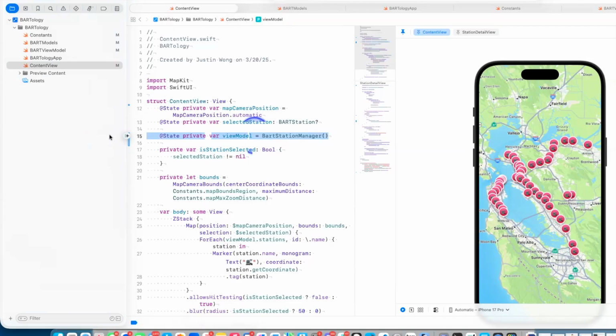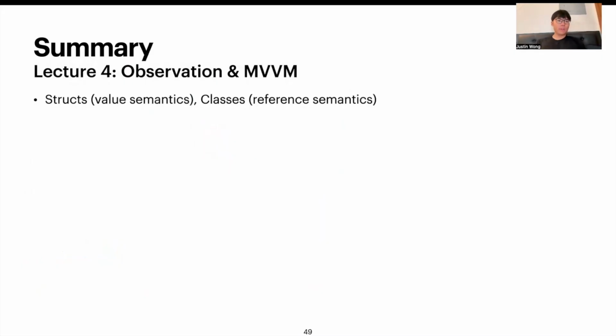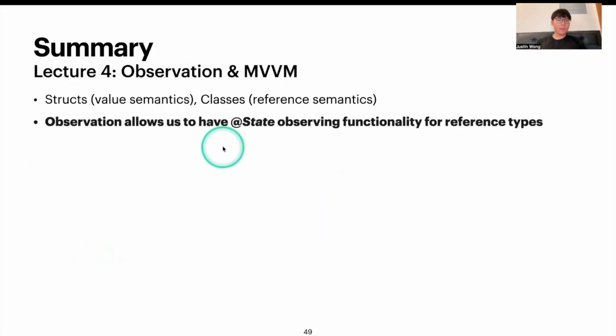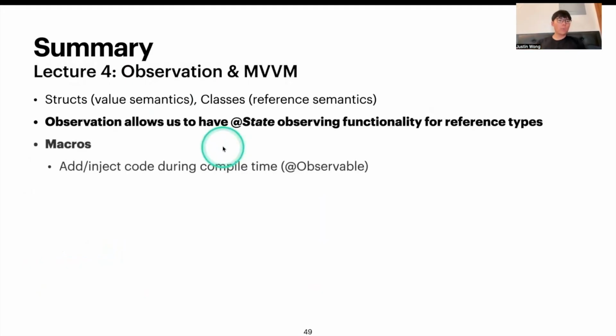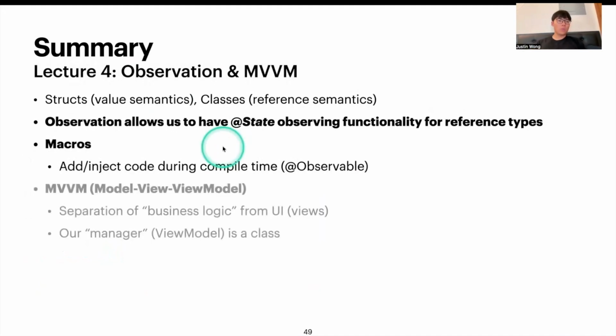Okay, cool. We briefly reviewed the difference between structs and classes. Structs are value semantics and classes are reference semantics. And for us to allow @State observing functionality for reference types, we could use this framework called Observation, or a macro, in this case @Observable, that we attach to the class, which makes its properties observable.